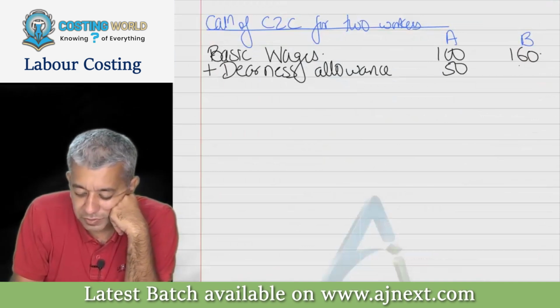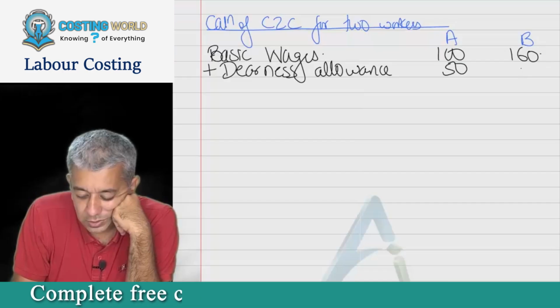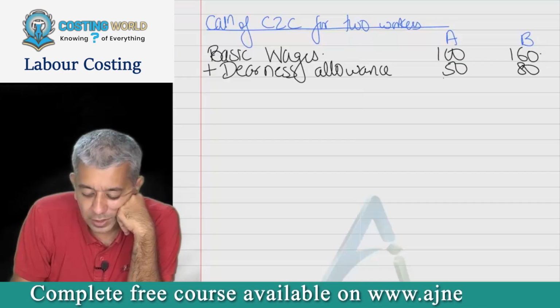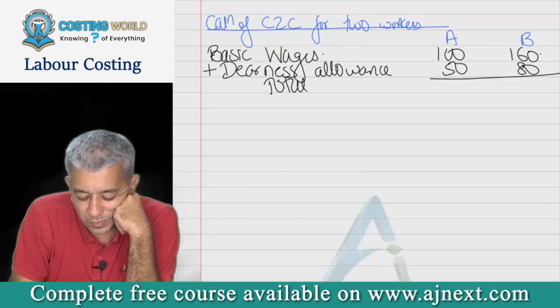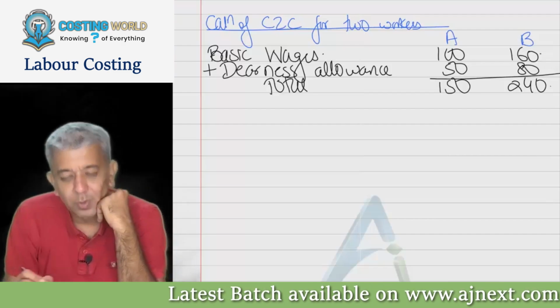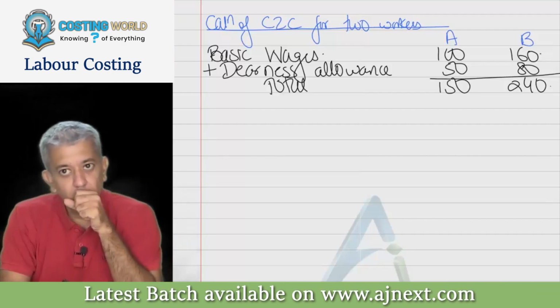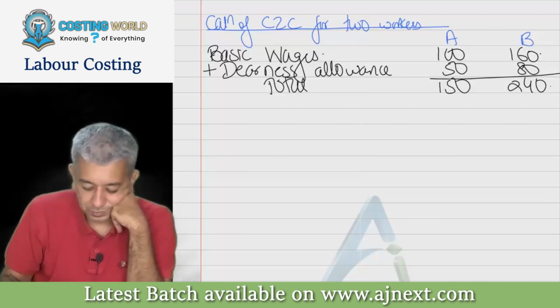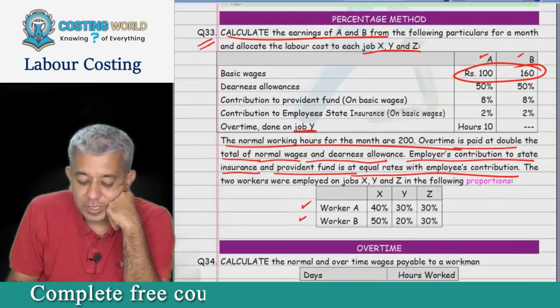Dearness allowance is 50% of this, so this will be 80. I told you always to total up these things. It's always a must, somewhere or the other it will be of use to you all. Now we have to reach till ESI.